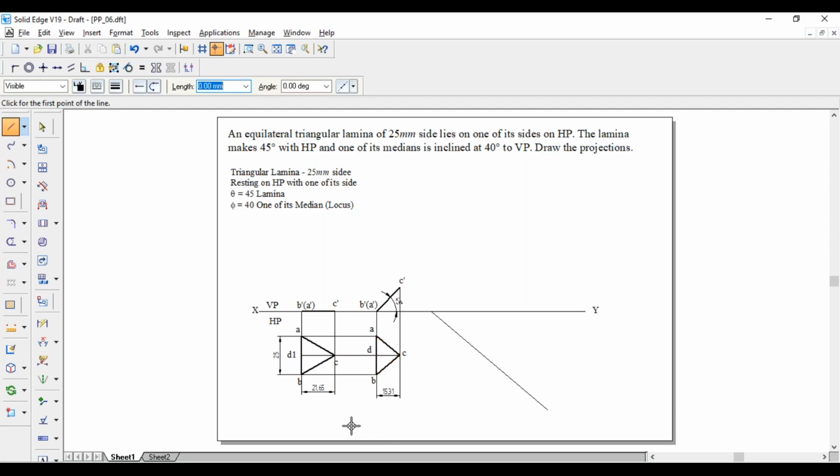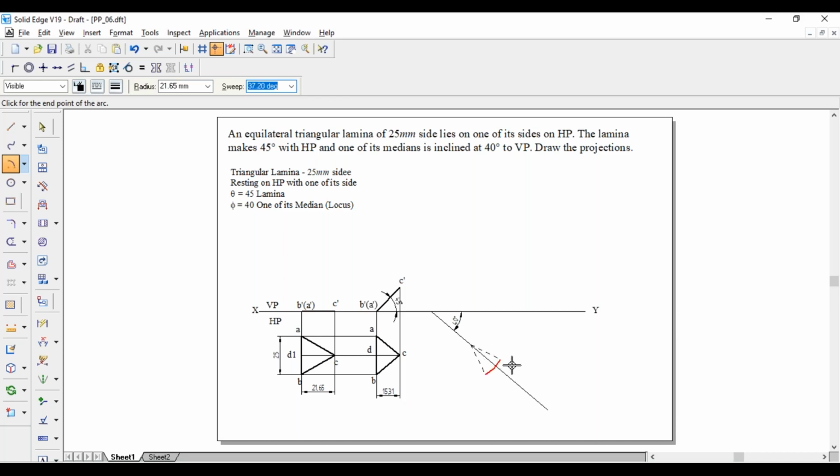First take this 21.65 mm as radius and cut an arc on this line. The angle of this line is 40 degree. Take this 21.65 mm as the radius, cut an arc anywhere on this line, consider it as a center, and cut an arc of 21.65 mm radius.